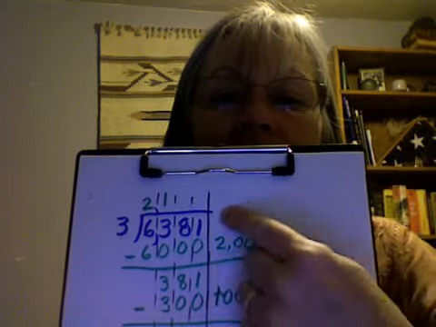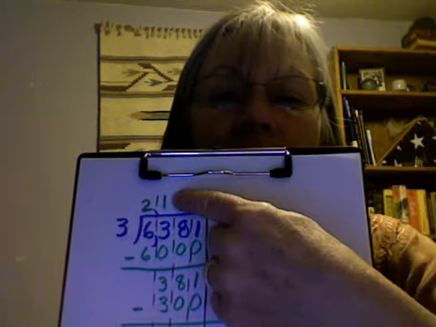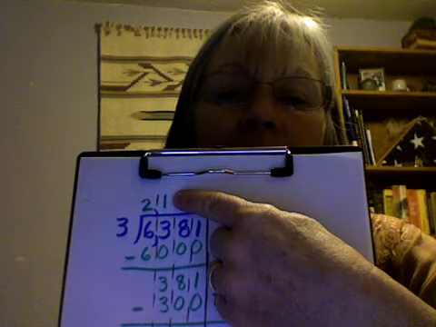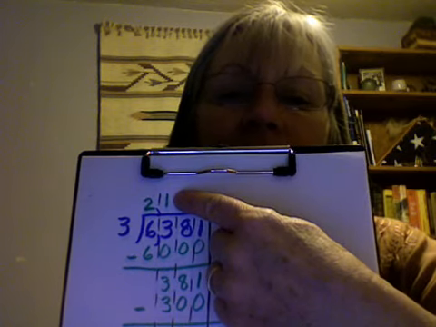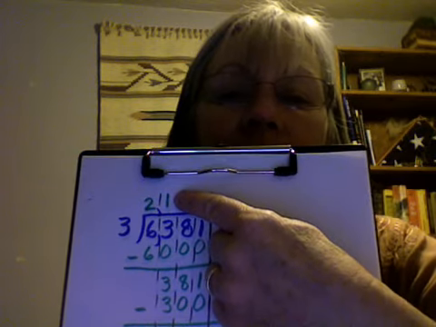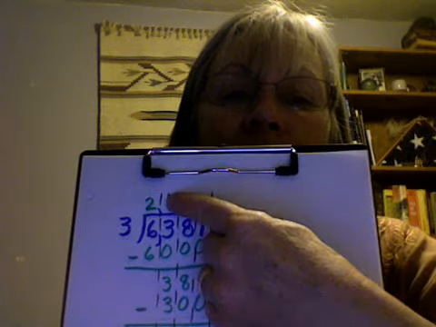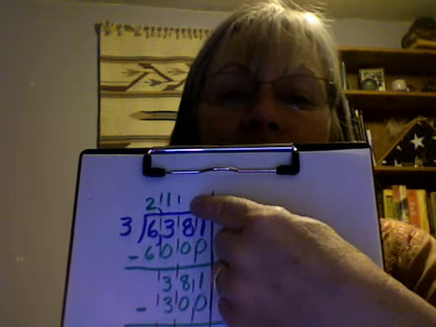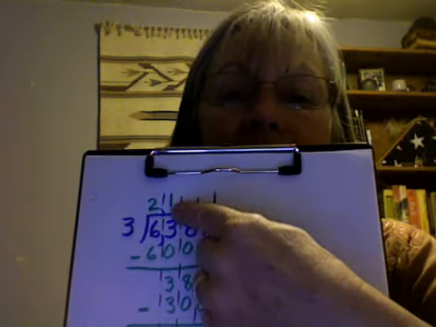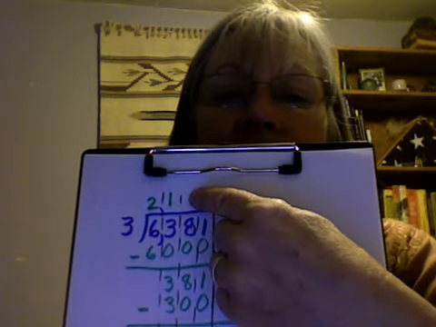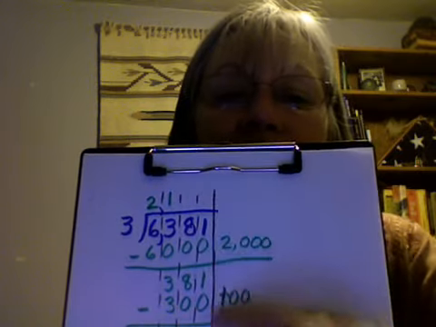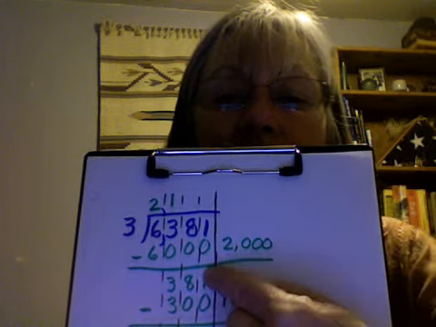And what do you notice on the top? If we work our way from left to right, next we come to the hundreds place. We can put one group of 100, because this is in the hundreds place, 100 groups of 3 in 381.